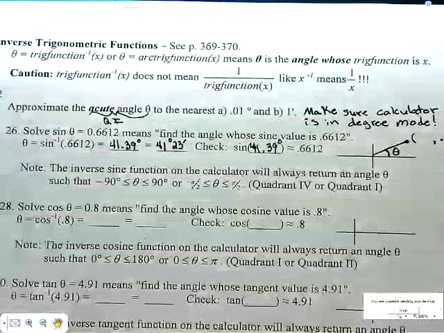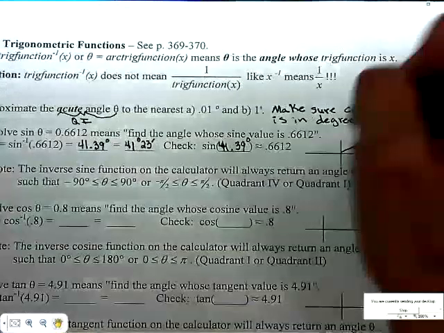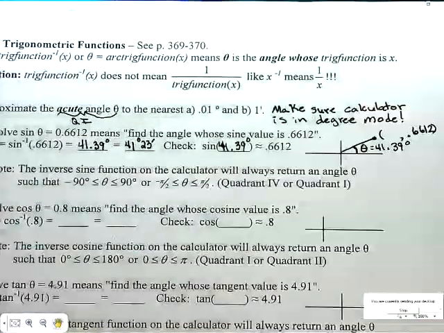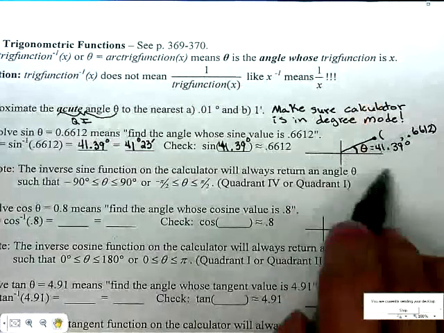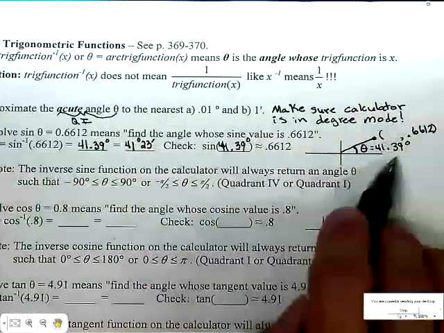Now that we know theta is 41.39 degrees, we could find cosine of theta as well if we wanted to finish that ordered pair. I don't have that written down. Somebody punch cosine of 41.39 degrees.